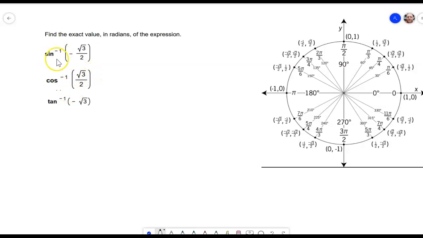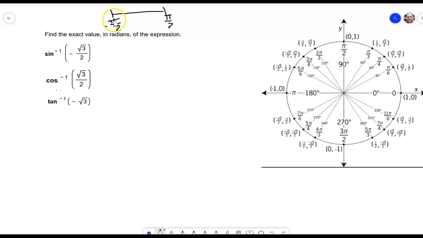So for sine, we're only going to give values between negative pi over 2 and pi over 2. If you think about a number line here, it's only going to be values between negative pi over 2 and pi over 2.